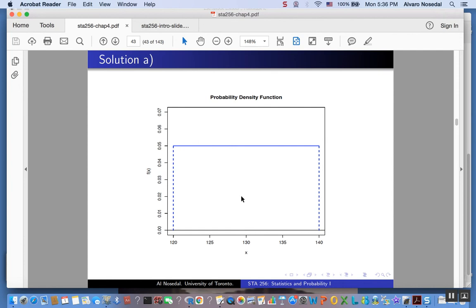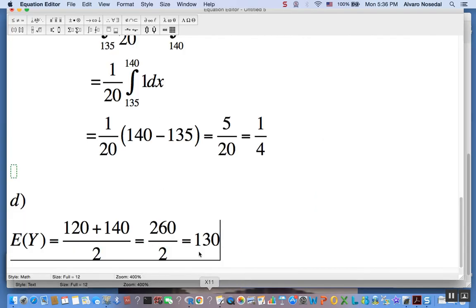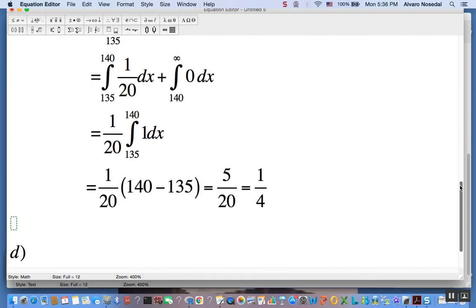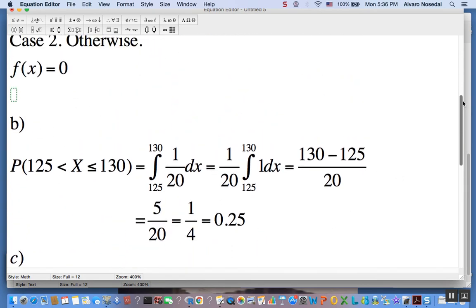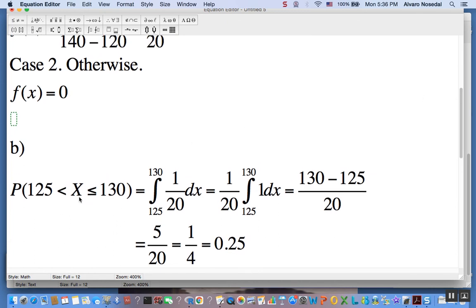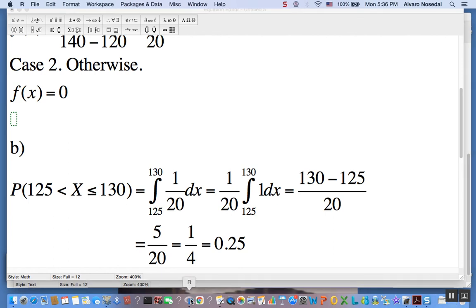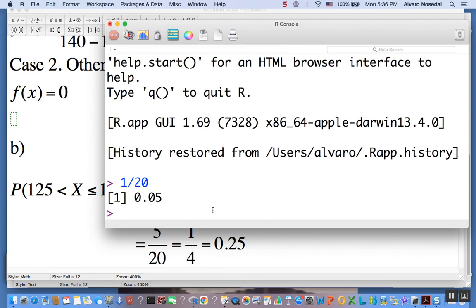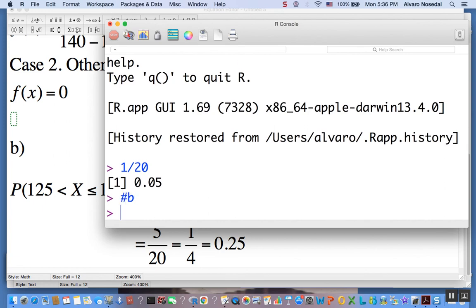Remember that we did part B? We found a probability: the probability that the flight time is between 125 and 130 minutes, meaning no more than 5 minutes late. Okay, so let's try and redo that one using R. Here we have R. So we are doing part B, right?